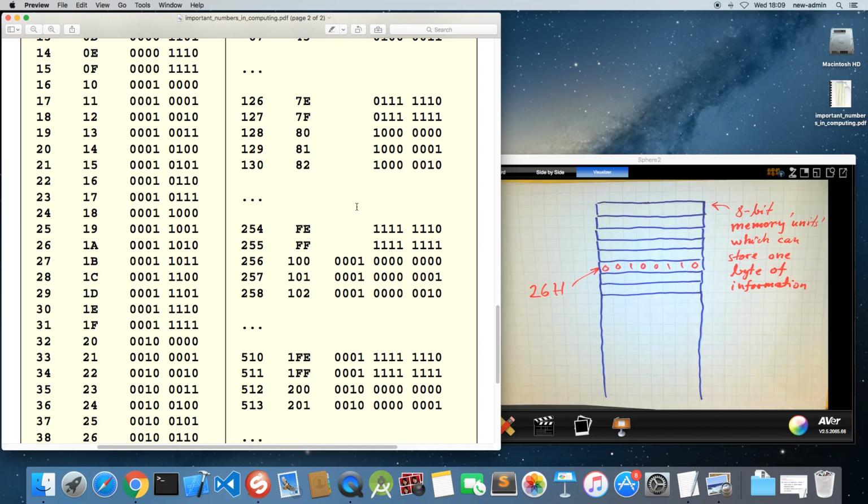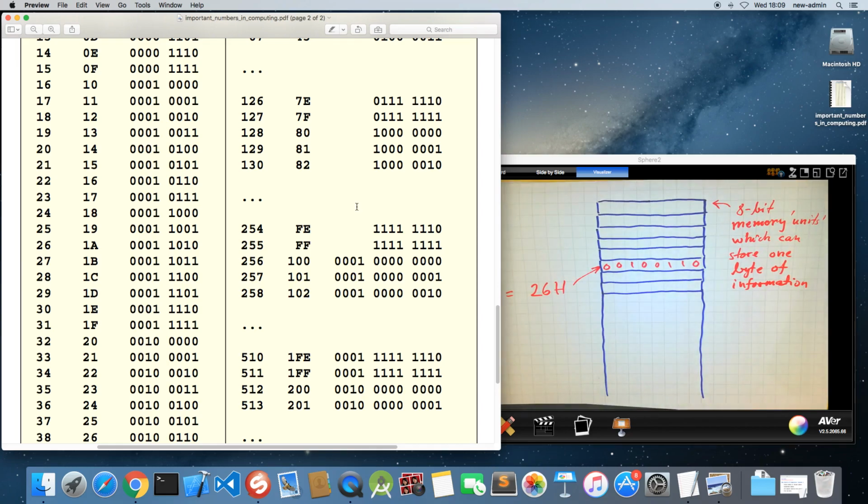And I have to check how much it is. So it would be 38 as a decimal number.